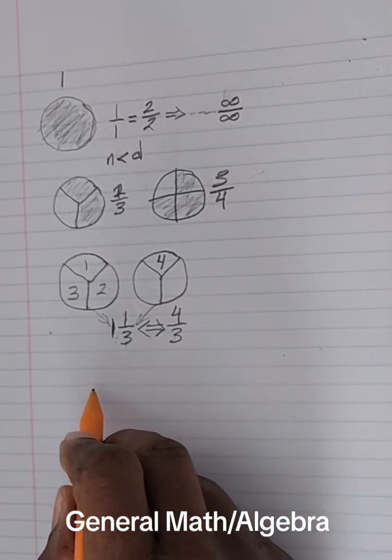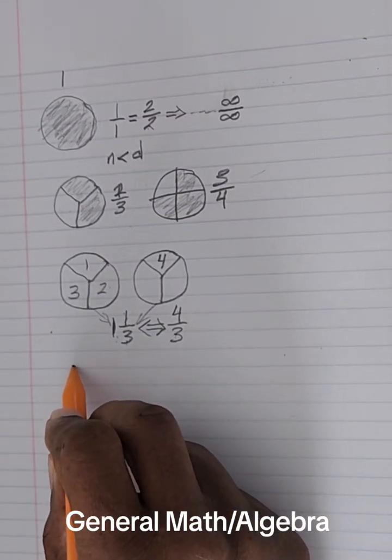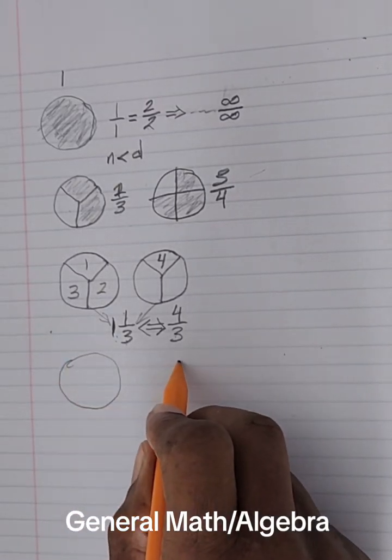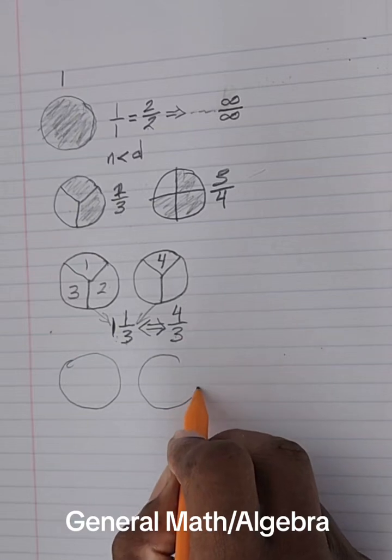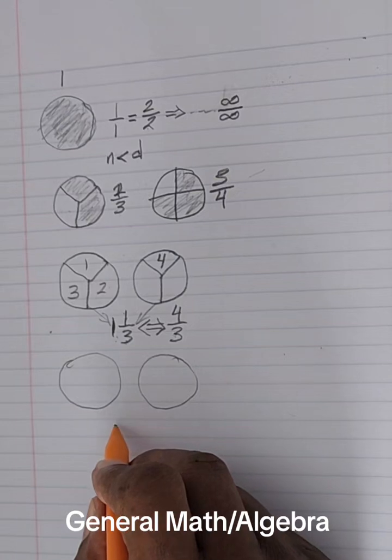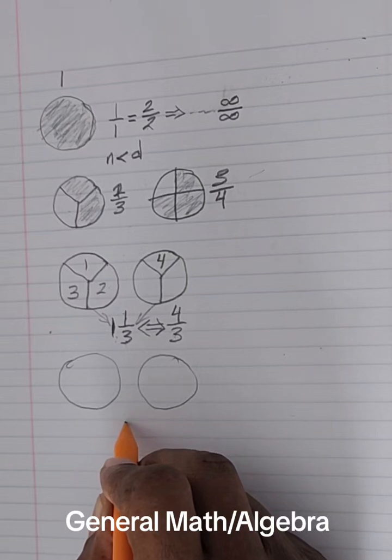Let's do that again with maybe a 6th. How about 8/6.